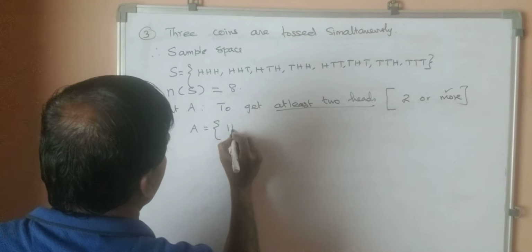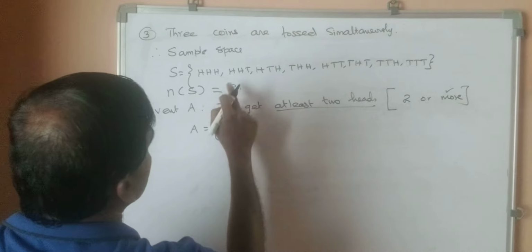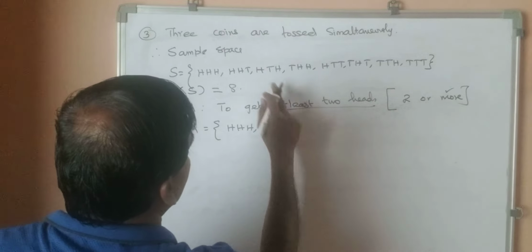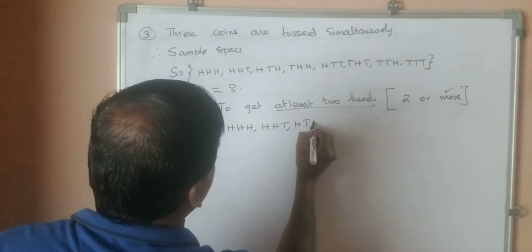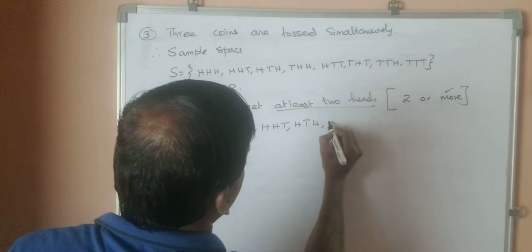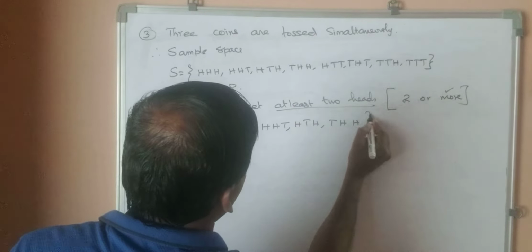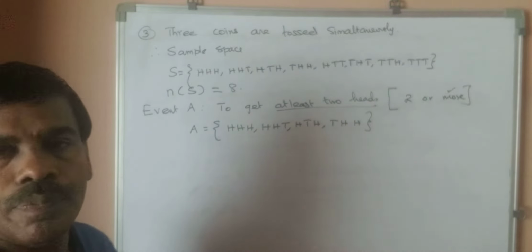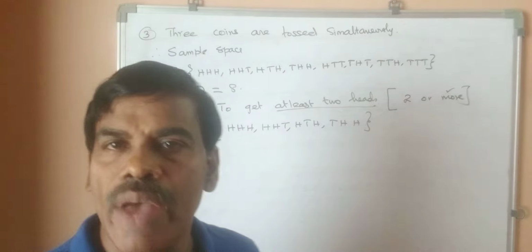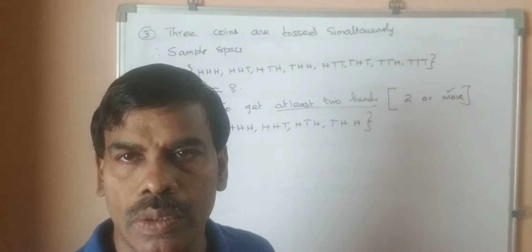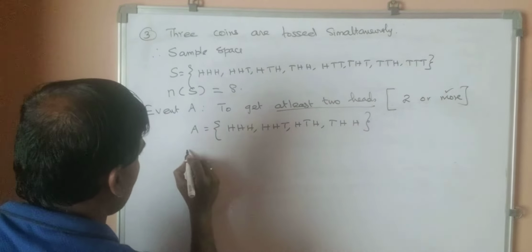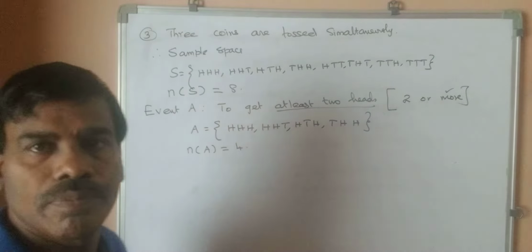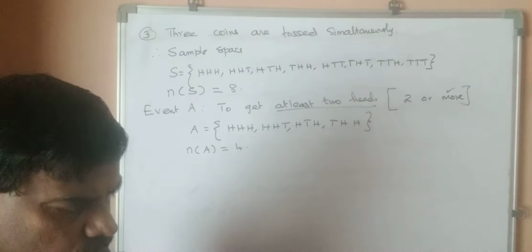So H, H, H. Here 2 heads, H, H, T. Here also 2 heads, H, T, H. Here also 2 heads, T, H, H. So how many are there? 4 possibilities wherein you are getting 2 heads or more. So number of sample points equal to 4. Followed?